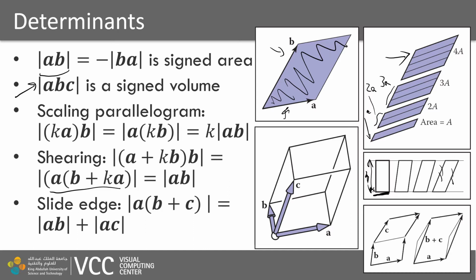So we can see here that the signed area of AB is equal to this area, and the signed area of AC is equal to this area. Now B plus C is this vector here.